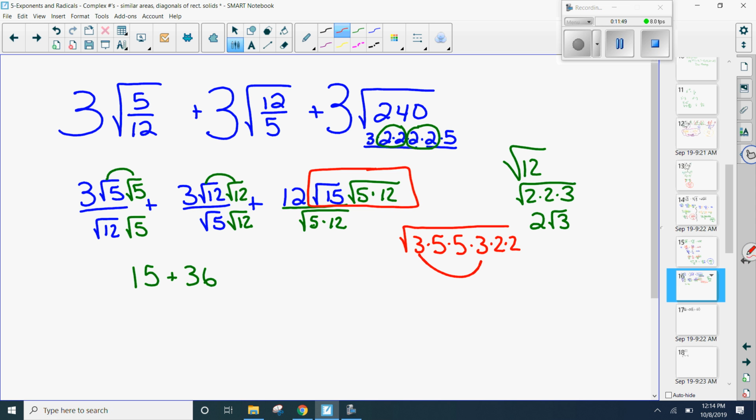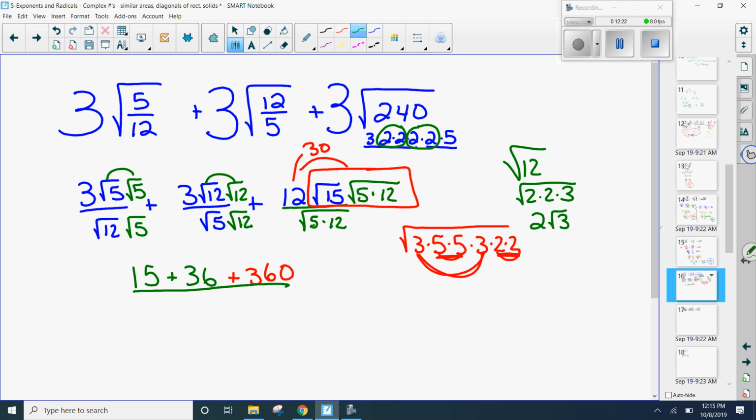So you have a pair of 3s, a pair of 5s, and a pair of 2s. So this becomes 2. This becomes 5. You multiply those together and you get 10. This becomes 3. So you have 30 that you're going to pull out. So you're going to take 30 times 12, which is 360.